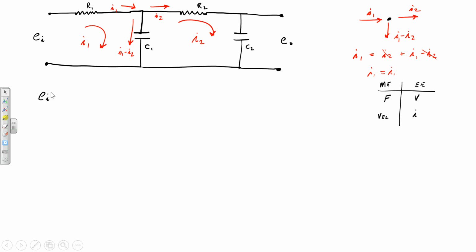E of I minus R1 I1, because it's the first current, minus 1 over C1, the integral of I1 minus I2 dt equals 0.